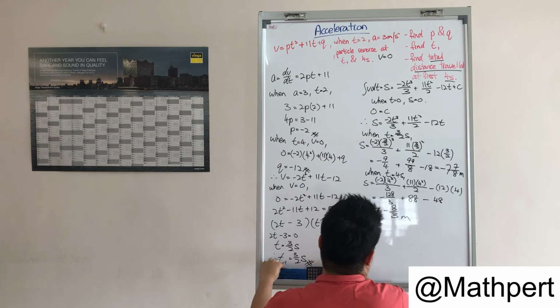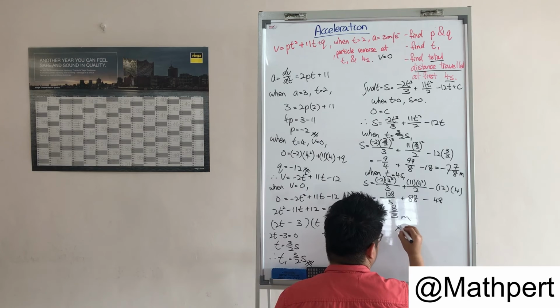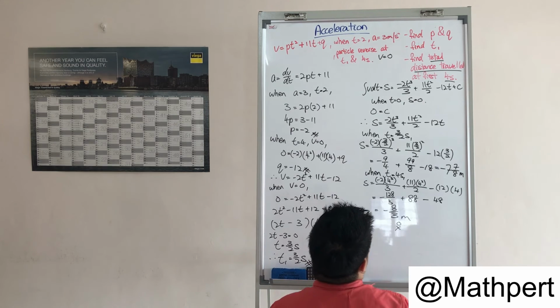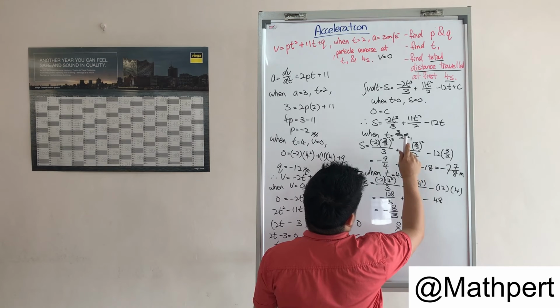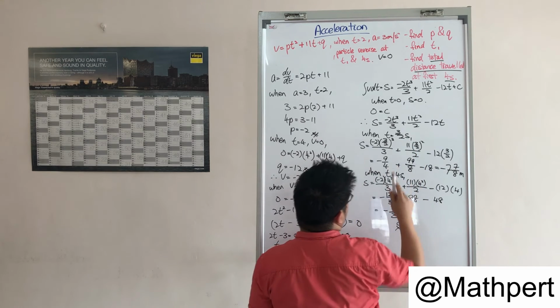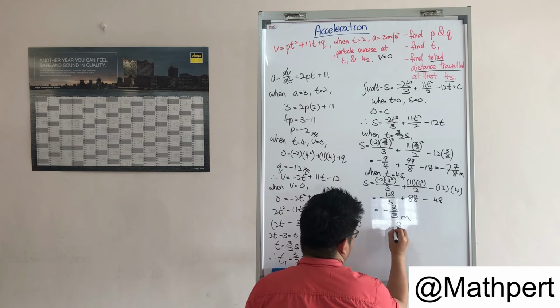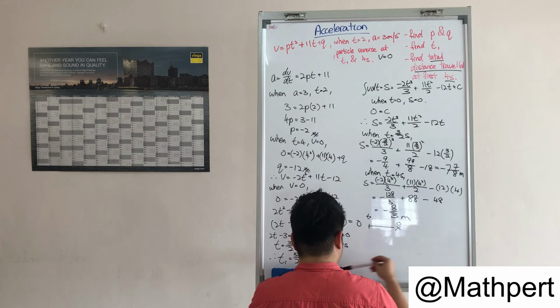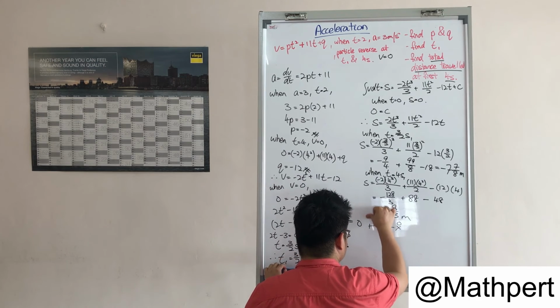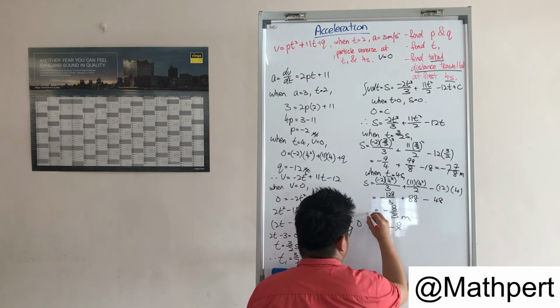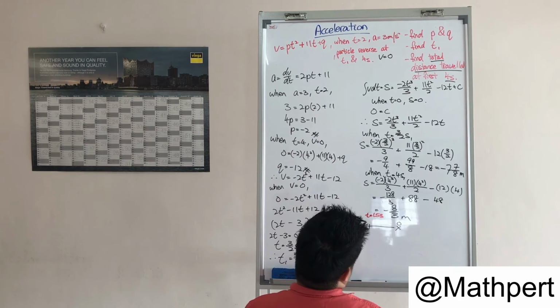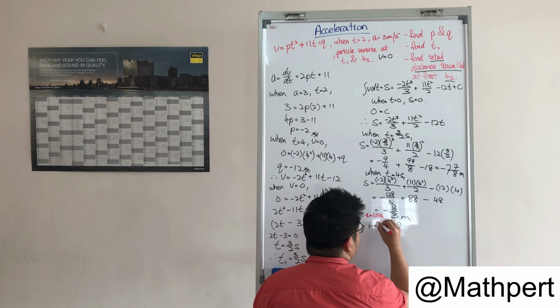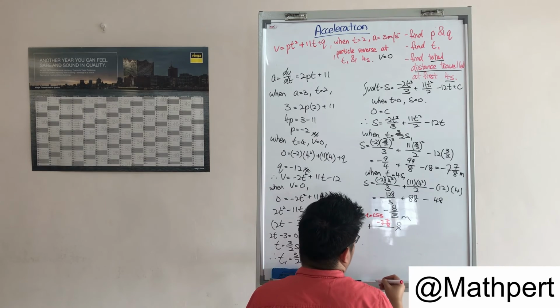Now let's draw it out. Origin. So at t equals 3 over 2 seconds, meaning 1.5 seconds, it travels here. t equals 1.5 seconds. Then it travels negative 7 and 7 over 8 meter.